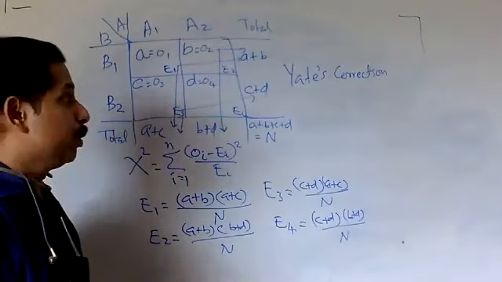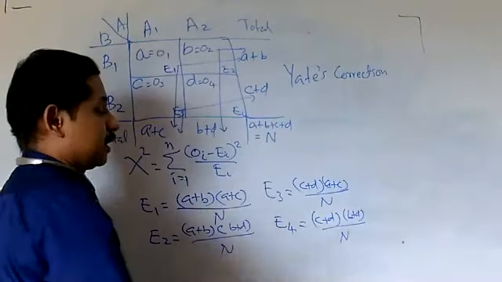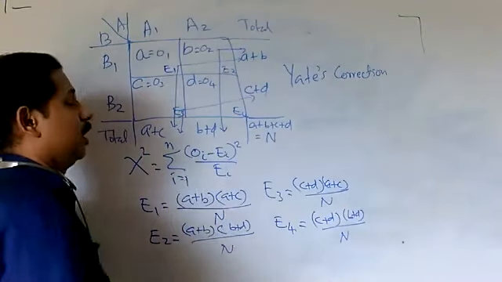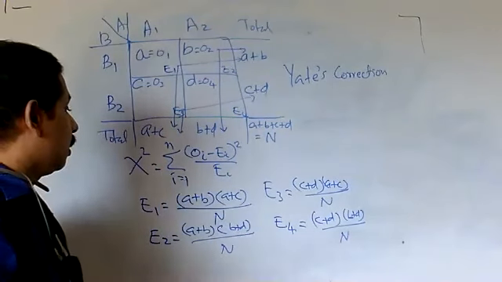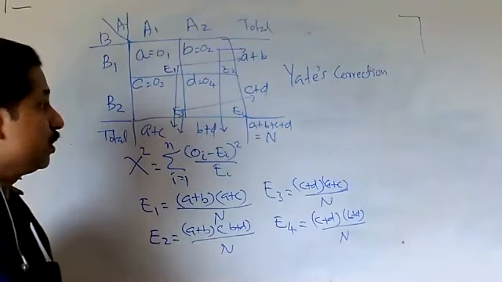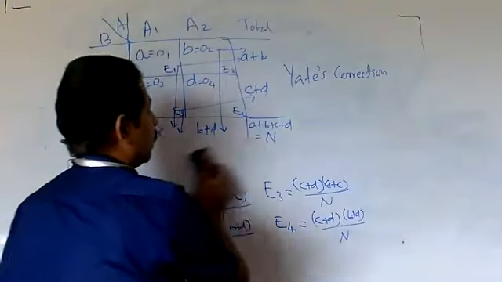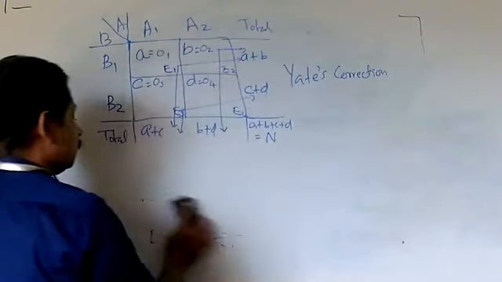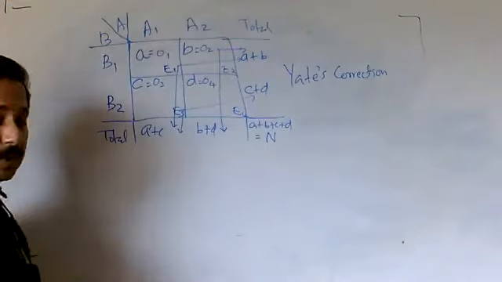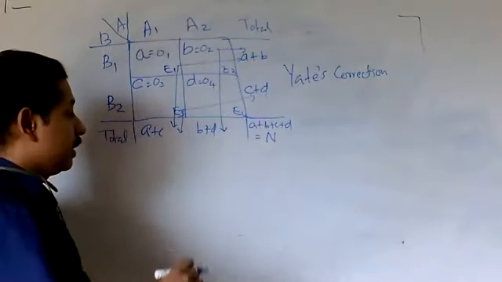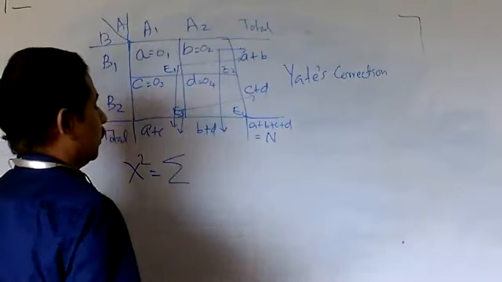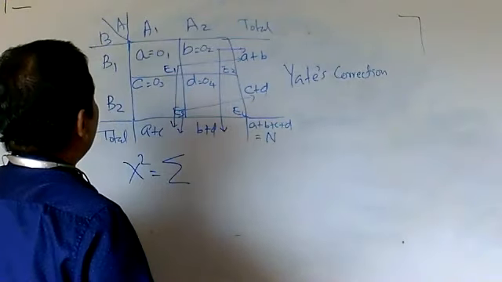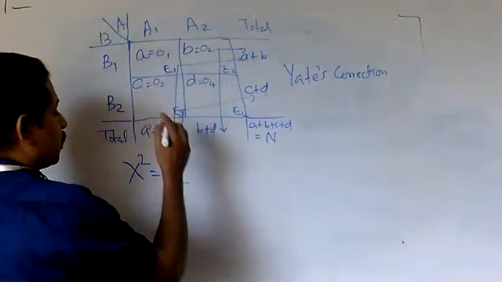Now you have observed values and expected values. Then using this formula, we can easily find the value for chi-square. So see how to find the chi-square here. Chi-square is equal to summation. First cell, what is the observed value?